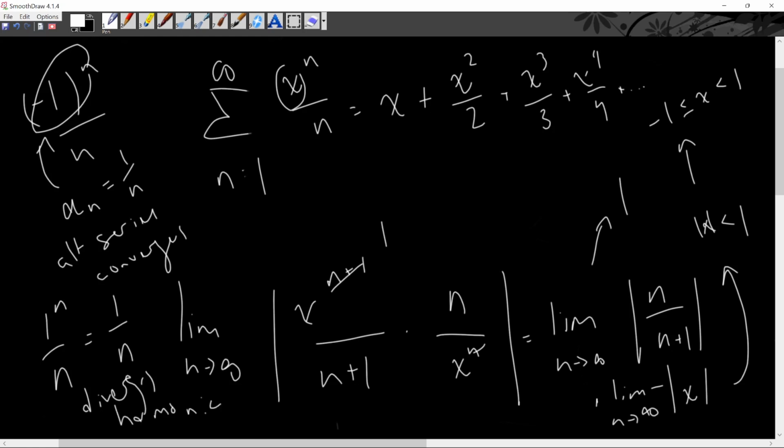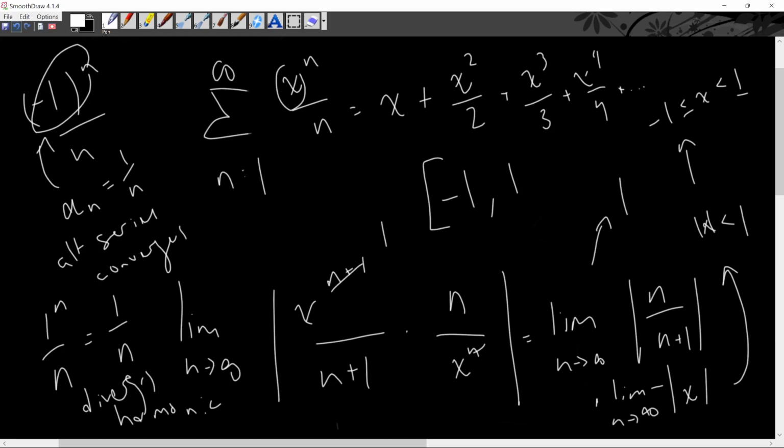You could also do integral tests, because that's what we originally proved this being divergent with. Or you could do the p-series test, say that this is 1 over n to the p, and p is not greater than 1. But I think it's easier to just say this is a harmonic series, so it diverges, which means that 1 is not included in the radius, so we are left with bracket -1, 1.